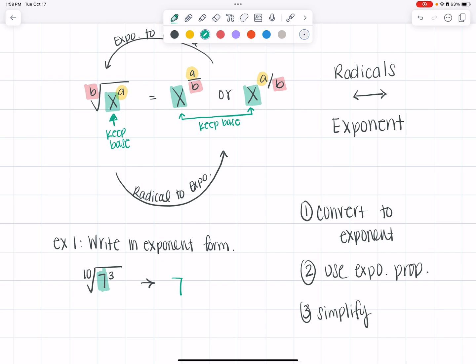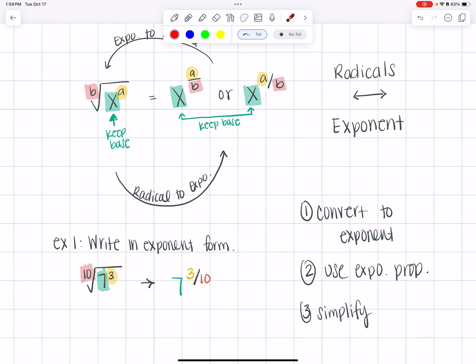And then the inside number, 3, is what's going to be on top of my fraction. So 7, 3 over the outside number. So that, the 10th root of 7 to the third, written as an exponent, is 7 to the 3 over 10 power.